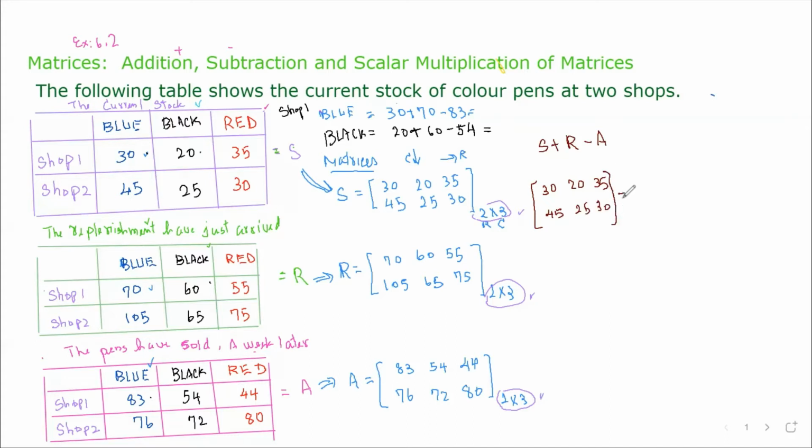plus matrix R, which means we purchase more, right? The cargo, the new arrival cargo. So 70, 60 here, okay? And then 55. This one gonna be 105, 65, and 75.